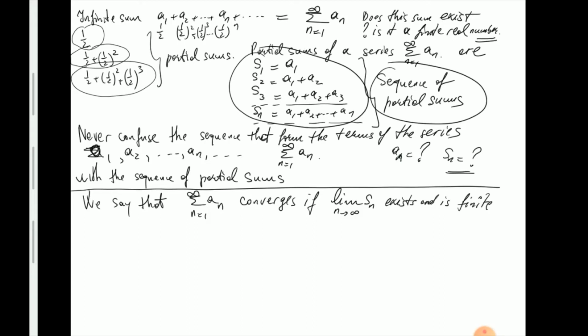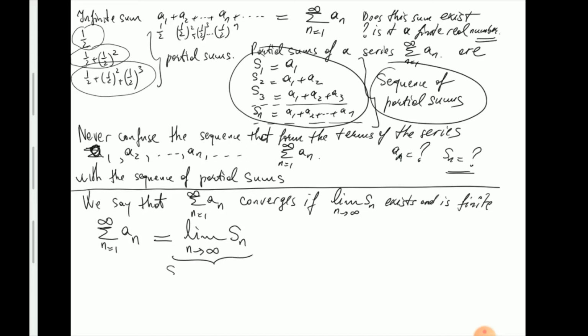So basically we can write essentially the equality sign between the summation from 1 to infinity of An with the limit as n goes to infinity of the partial sums. If this limit exists, then this is basically the sum of the series.